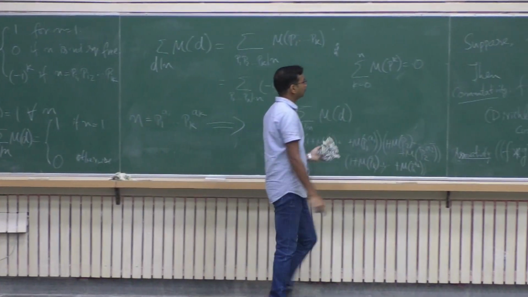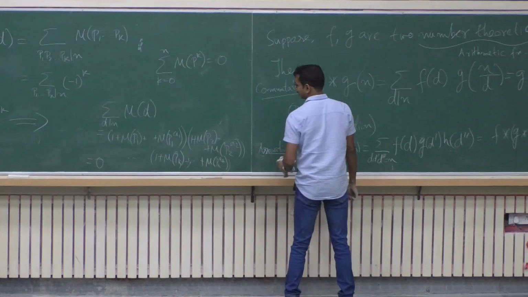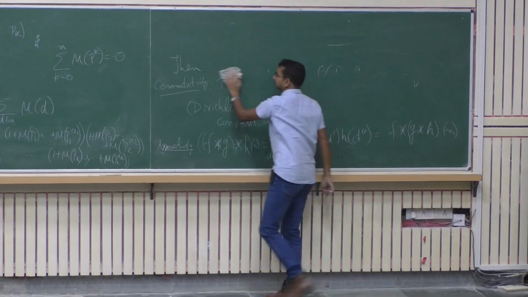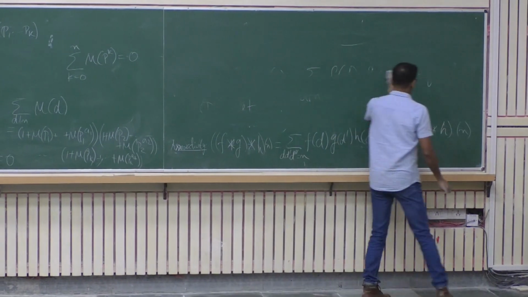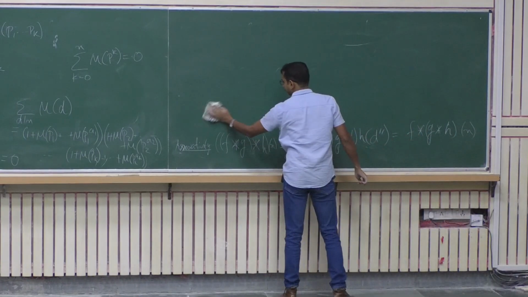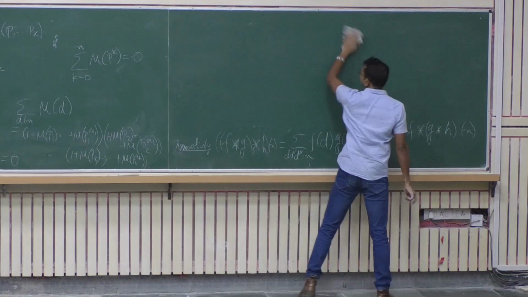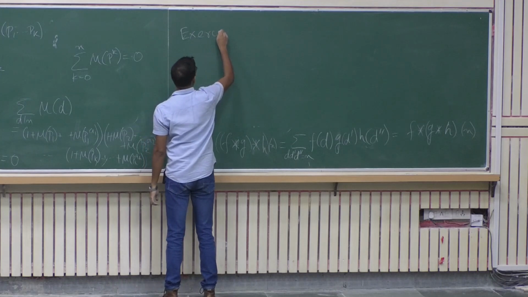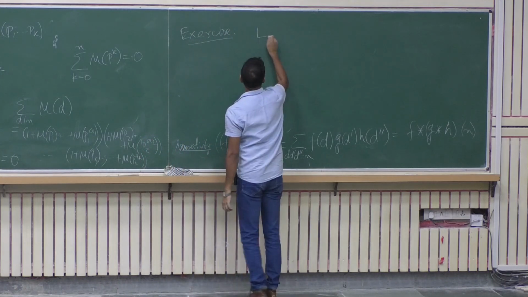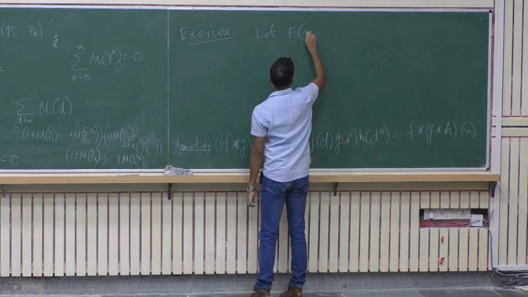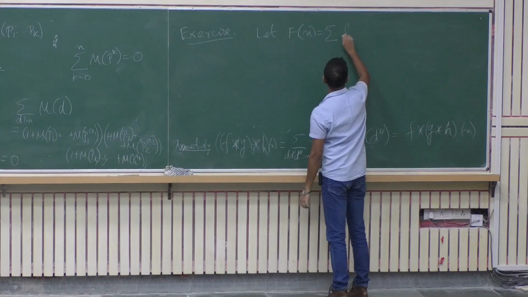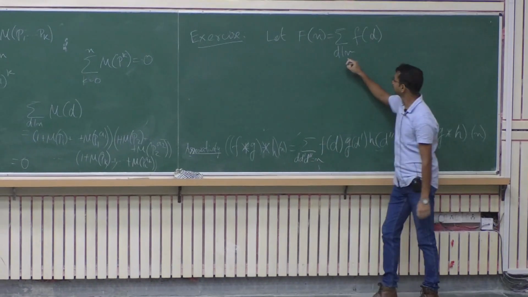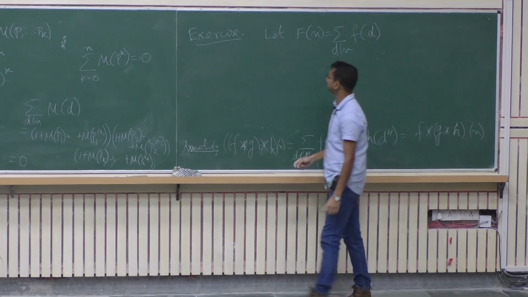Alright. Now time for a very short and nice exercise. Let F of n be the sum of some function f over the divisors of n.